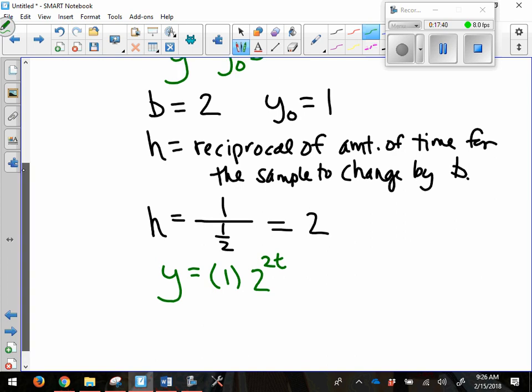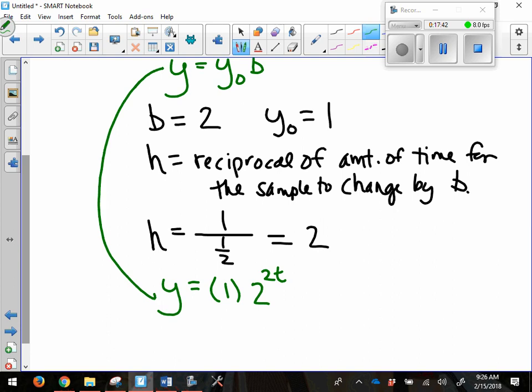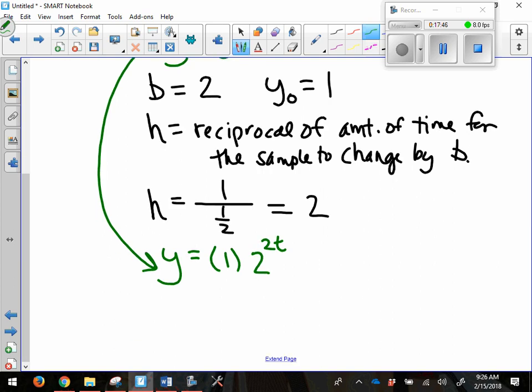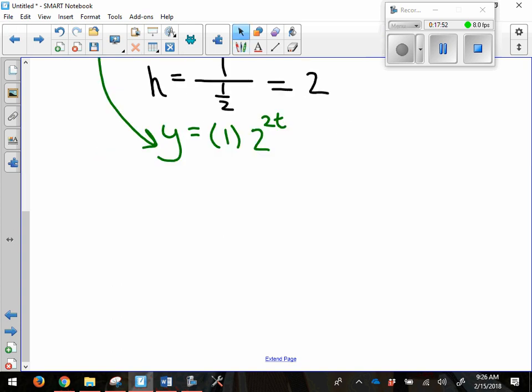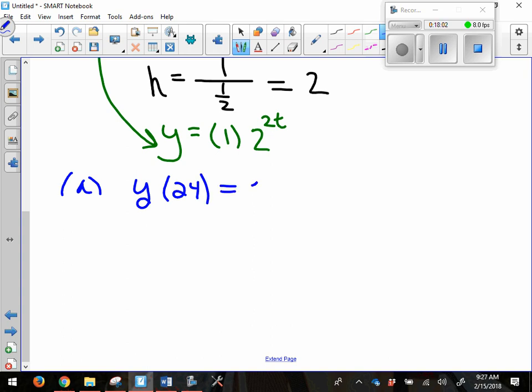We just took this equation up here and filled in the stuff that we know. And then for part A, we're supposed to find y of what time? 24 hours. Okay, so that's going to give us 2 to the 2 times 24, or 2 to the 48.